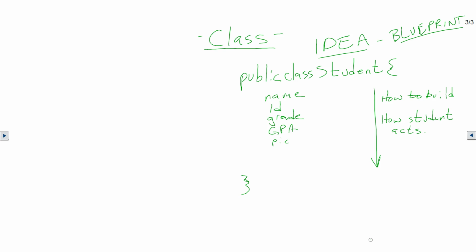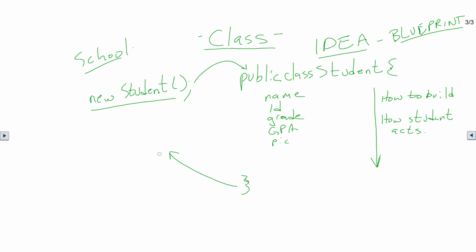Now, somewhere else, maybe in the school class, I'm going to say, I want a new student. Once I say this, it goes to the blueprint and builds me one, and puts it in memory.